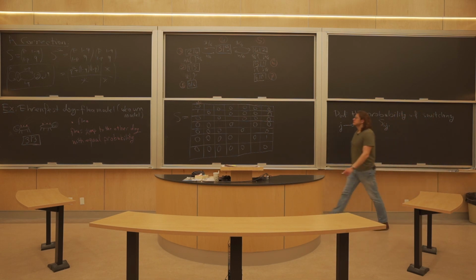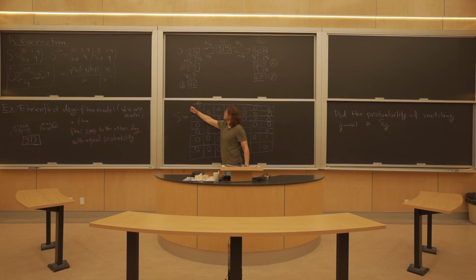So now I can see that, for instance, switching over from state 2 to state 1 has probability 1 over 6. And the probability of switching over from state 2 to state 3 is 5 over 6. As you can imagine, whenever I do this, all of these columns are going to be probability vectors. So from 3 to 2 is 2 over 6, and this is 4 over 6.